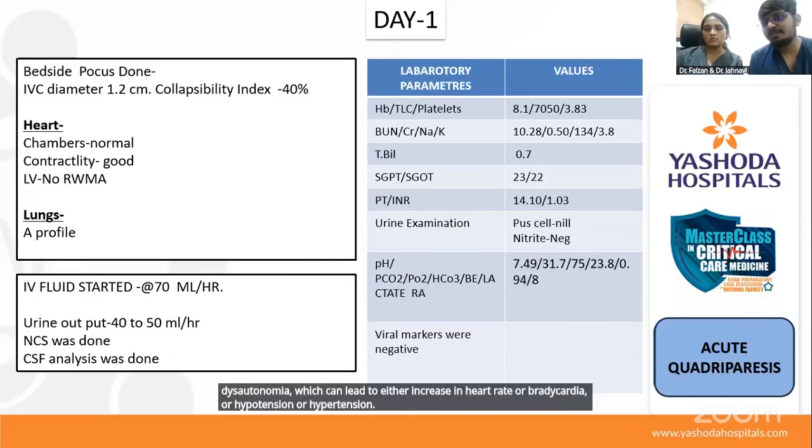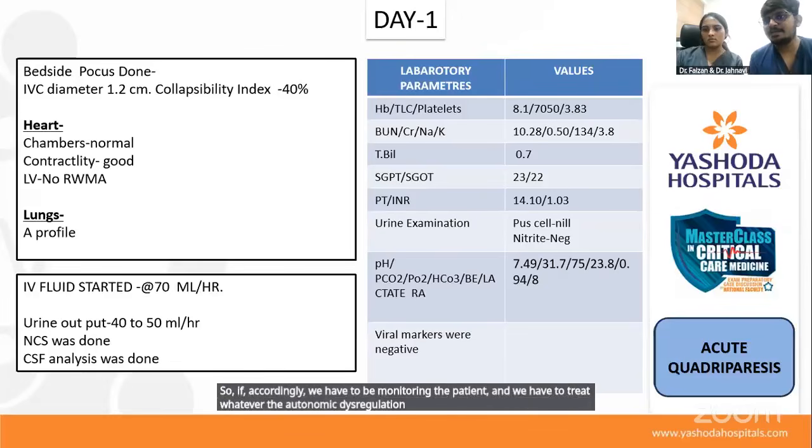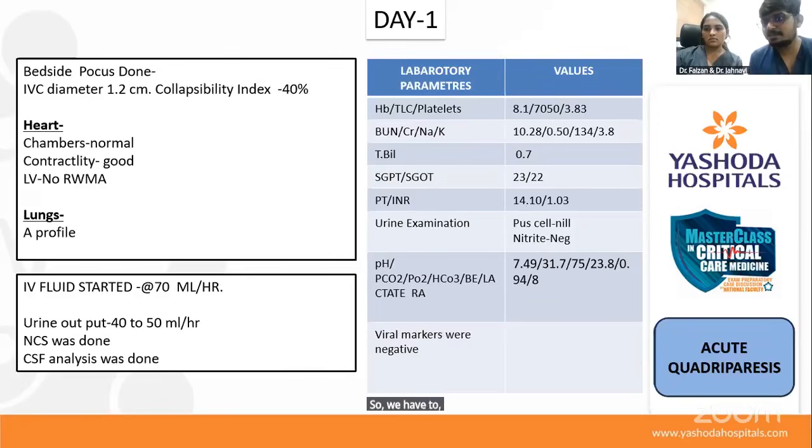So the patient can go either way, sir. Accordingly we have to monitor the patient and treat whatever the autonomic dysregulation is. And because this is an ascending paralysis and the respiratory muscles slowly get involved, we have to check a single breath count test periodically to assess.